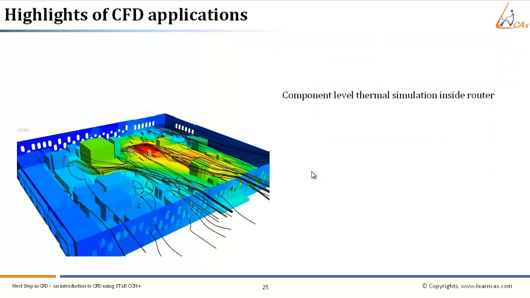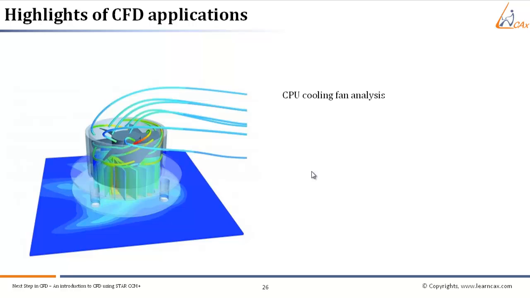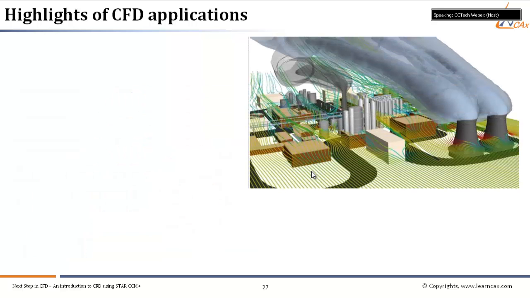Component-level thermal simulation inside a router is shown in this example using STAR-CCM+, as well as a CPU cooling fan analysis carried out using STAR-CCM+. And lastly, a pollutant dispersion simulation using STAR-CCM+. In this simulation, the pollutants dispersed from the factory are modeled for their pollution content as well as thermal modeling.